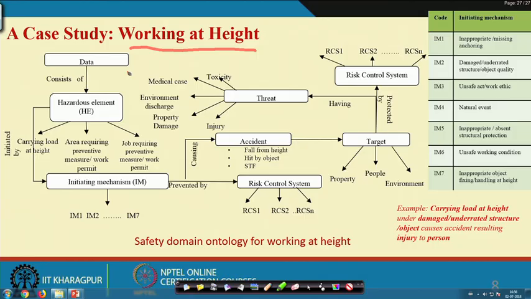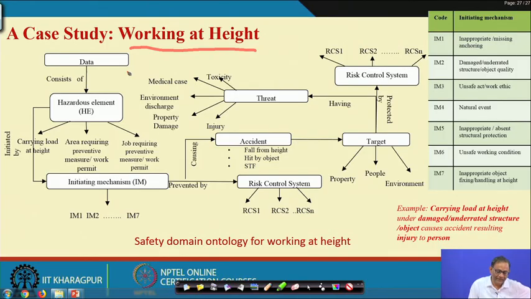We observed two years of data for a particular company, and we found around 90 observations, let it be 90 observations we have considered. That means 90 working-at-height related incidents of different severity have occurred. We have that data, and when we analyzed it, we found 90 odd hazard elements.